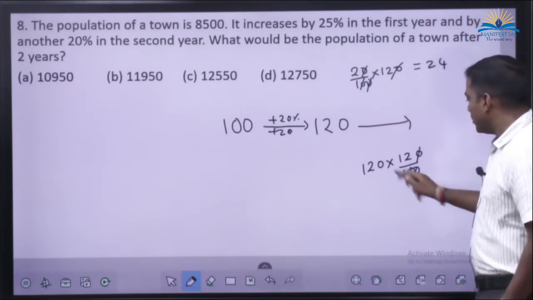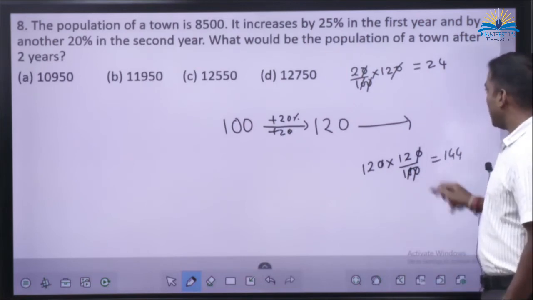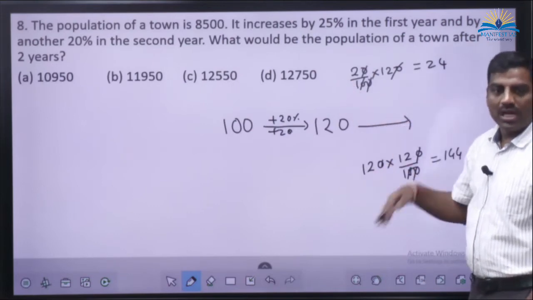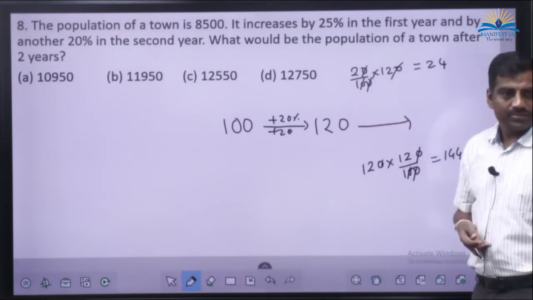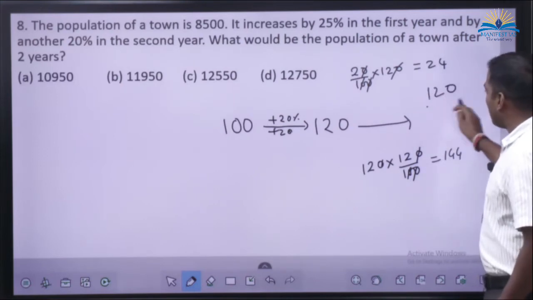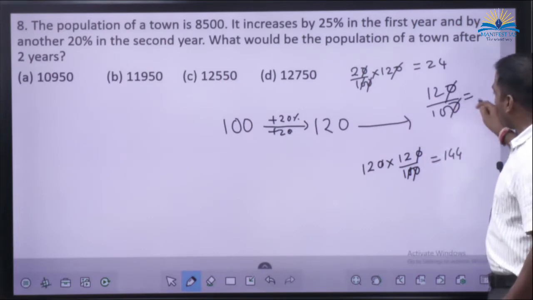Then what will happen? 144 only. I'll multiply by 120%. Is it fine? That means I am directly multiplying by 120 by 100, or if you take out this one, it will become 1.2 also.